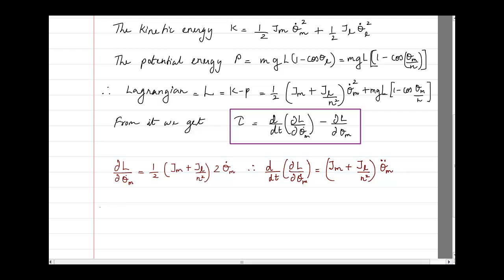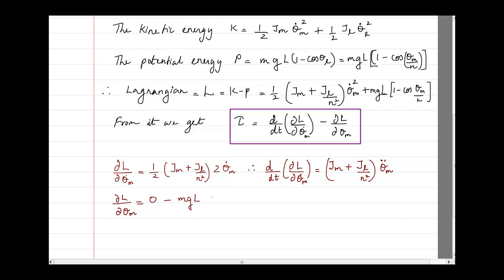And similarly for the second term, which is dou L by dou theta m, I will get 0 for the first term because it is only theta m dot.